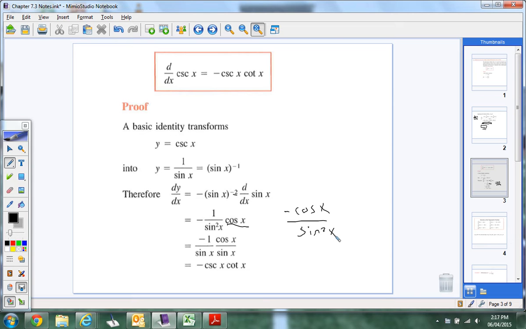So what they did is they pulled one of the sine x's out. So then what you have is a 1 over sine, a cotangent, and a cosecant. They just put them in a different order, which is fine, but that's where negative cosecant cotangent comes from.